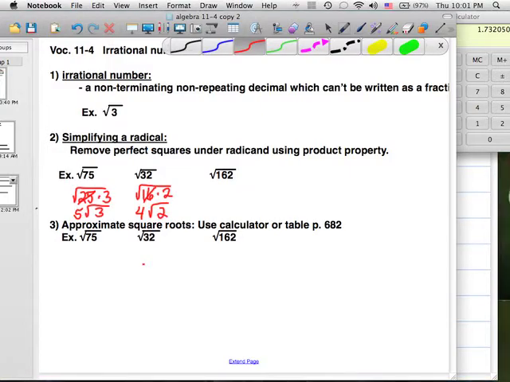The square root of 162, use your calculator, but try your perfect squares. 1, 4, 9, 16 doesn't work. Up to 81. Let's see, what goes into 162?